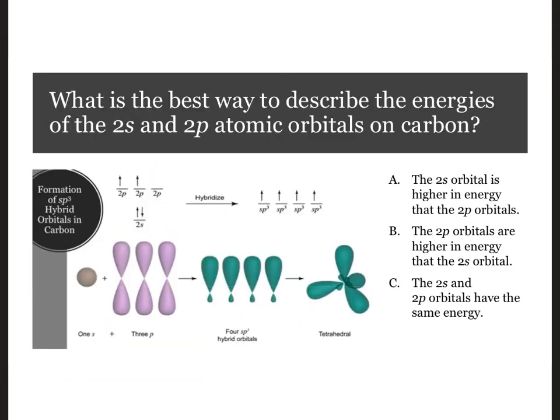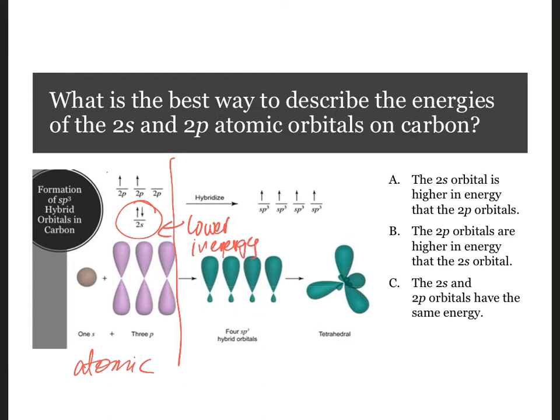Okay, what is the best way to describe the energies of the 2s and 2p atomic orbitals on carbon? The key point here is that these are the atomic orbitals, and recall, the 2s orbital is going to be lower in energy.